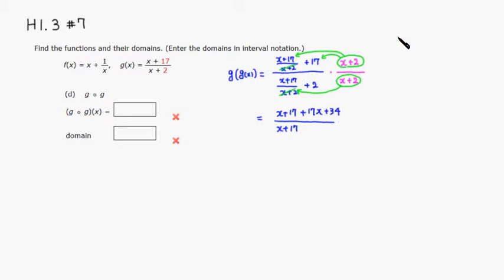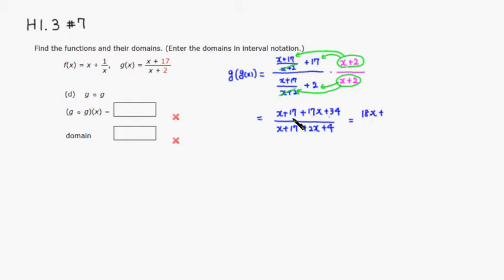And then here you have to distribute x plus 2 to 2, so that gives us plus 2x and plus 4.